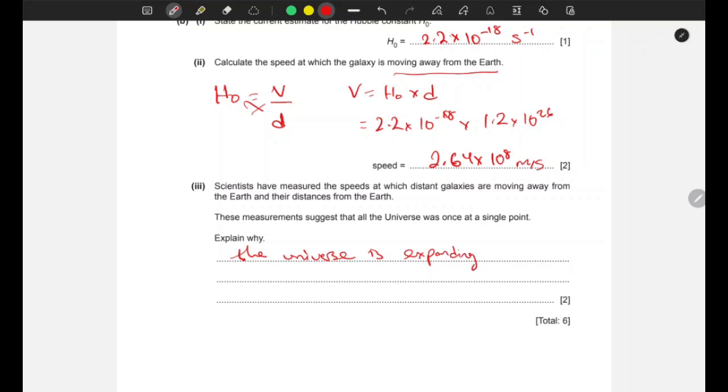So if the universe is expanding and the galaxies are moving away from each other, that means in the past they were close to each other. So meaning in the past, the galaxies were closer to each other.